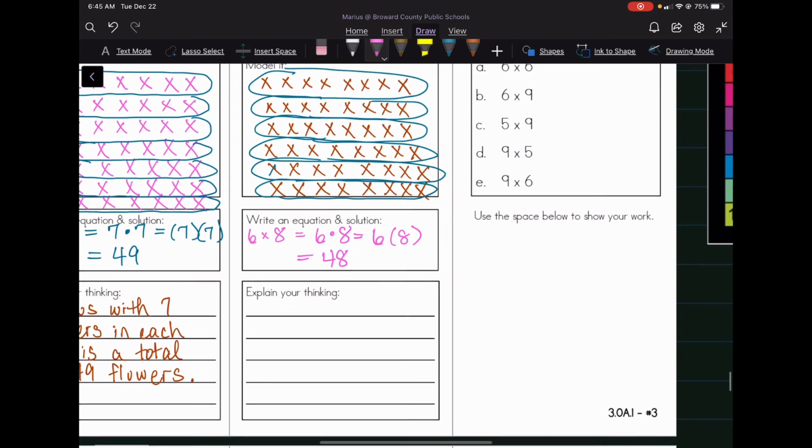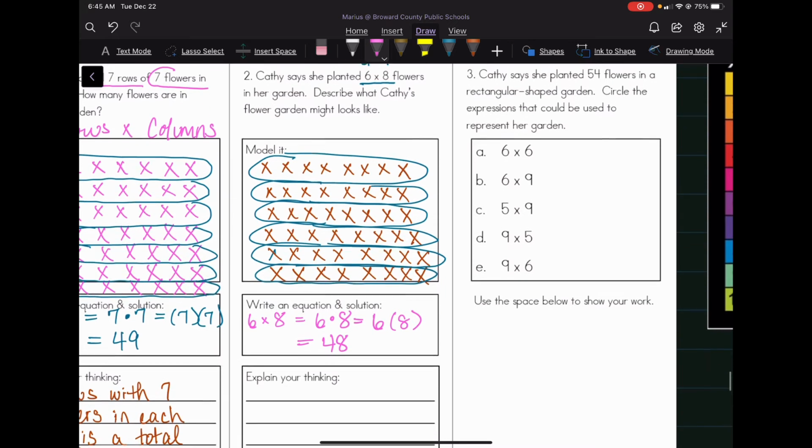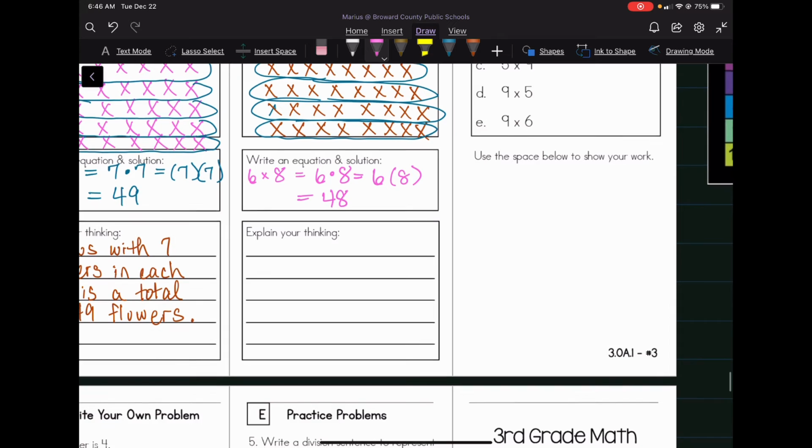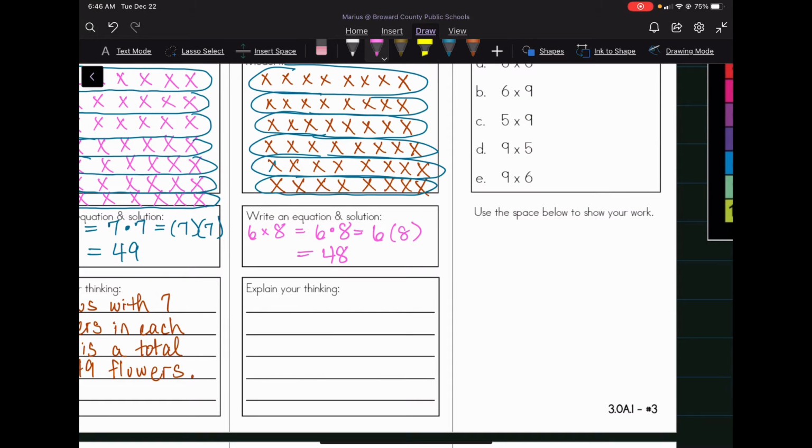Now, when we get back to explaining our thinking, the way that we can describe what her garden looks like, we can describe it as a garden of 6 rows and 8 flowers in each row.